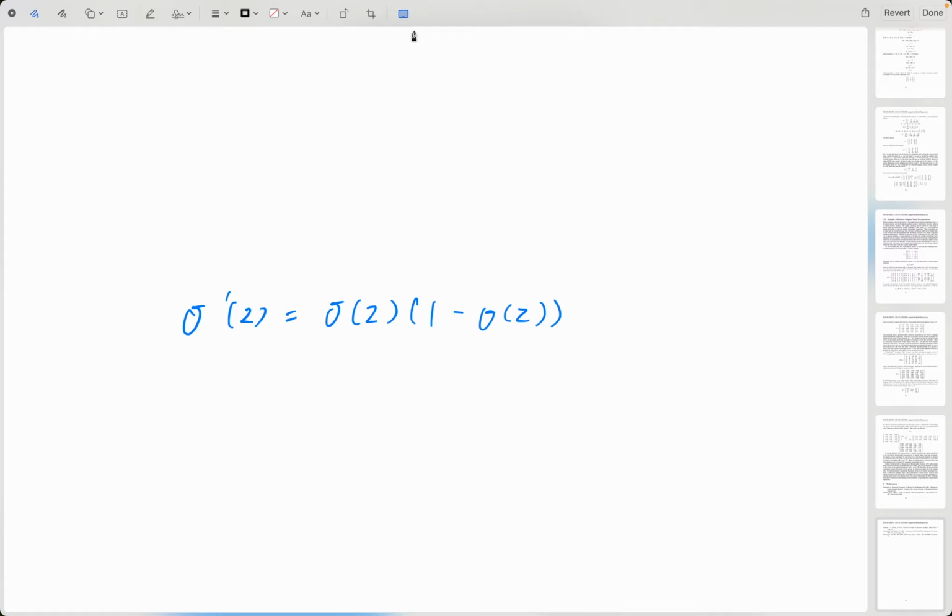Most people who tried got to this step, but you can simplify even further, and I'll leave that as a challenge. See how convenient it is? It's almost like e, where it differentiates to itself, but this is just that or 1 minus that. So it's very convenient for the derivative, which is again why we use it in optimization problems.